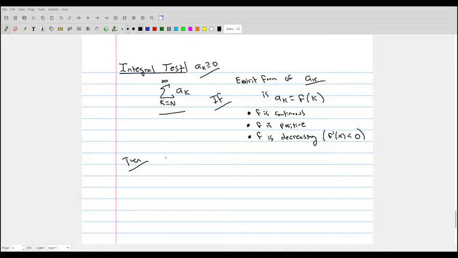The series of ak and the improper integral from n to infinity of the function f of x dx either both converge or both diverge.